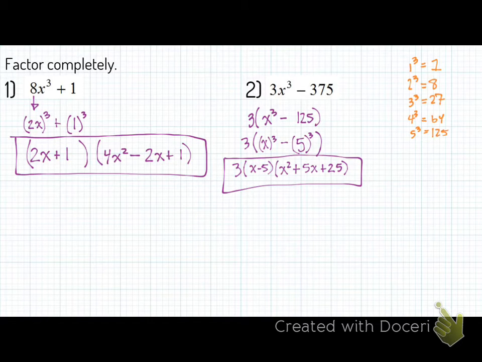Good. Wouldn't that have been useful to know for this second problem? You see that? Okay, keep going. 6 cubed? It's not 224. It's 216. Good. You might want to use a calculator. 7 cubed? 343. Good.